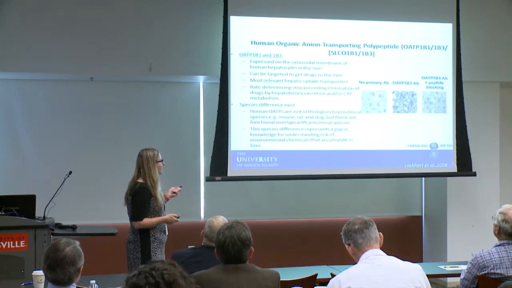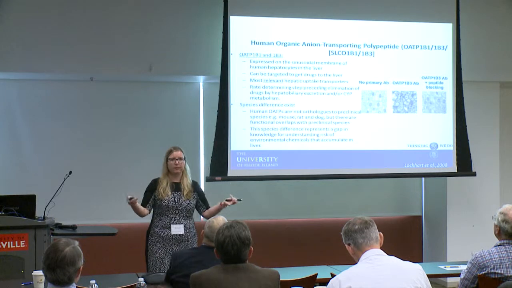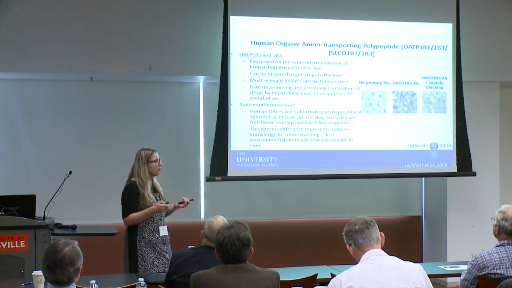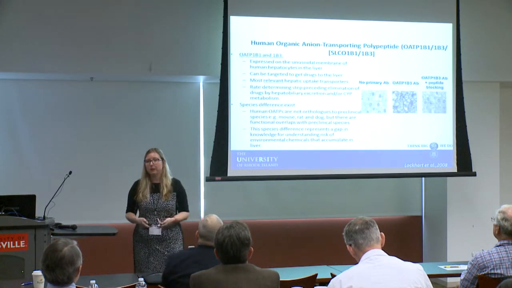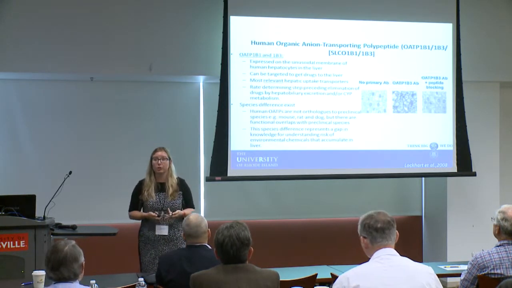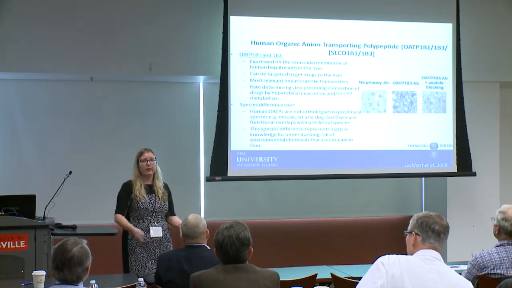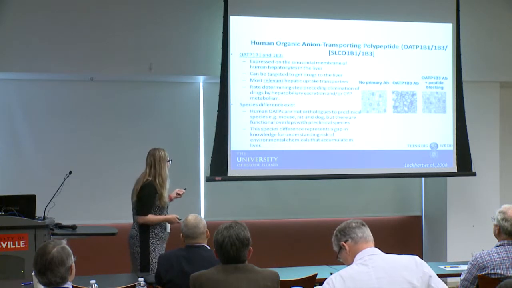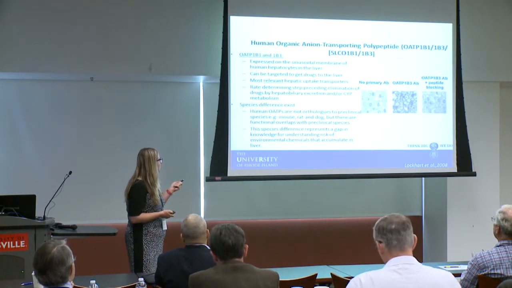Kurt Klaassen would always say that you have to get the drug into the liver for the liver to do something to it. And so OATPs are known to be rate-limiting determinants for P450 metabolism, as well as hepatobiliary excretion of a chemical. So if you don't get that chemical in, it is also going to impact what gets into the bile. And as I mentioned, species differences do exist.